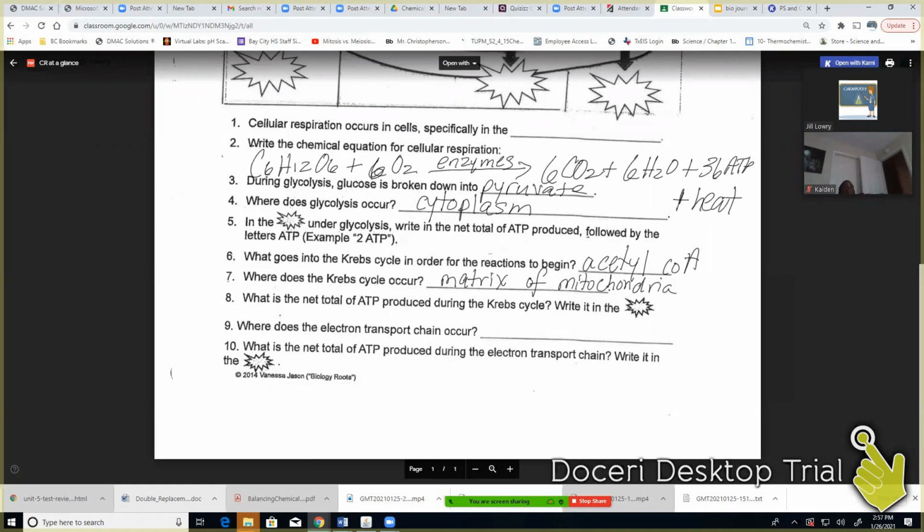And then we had already done number 8 because that was just filling in one of the ATP. And the electron transport train is still mitochondria, but now the inner membrane of the mitochondria, or mito, whatever you would like to use for an abbreviation.